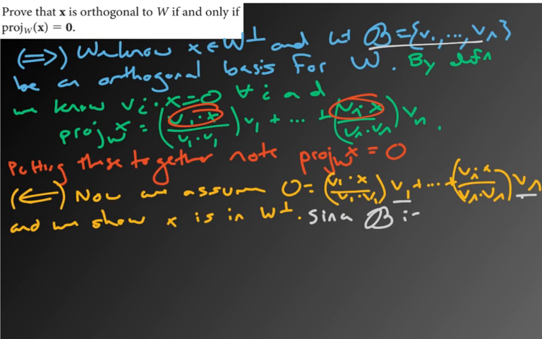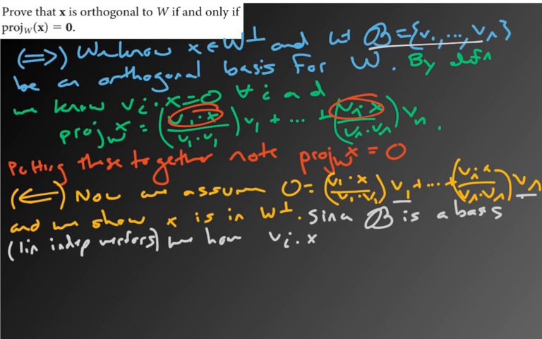Since the basis is built out of linearly independent vectors, we have that, for any v sub i, v sub i dotted with x over v sub i dotted with v sub i times v sub i, sorry, not that part, just the scalars in front, must equal 0. And this all comes out nicely now.